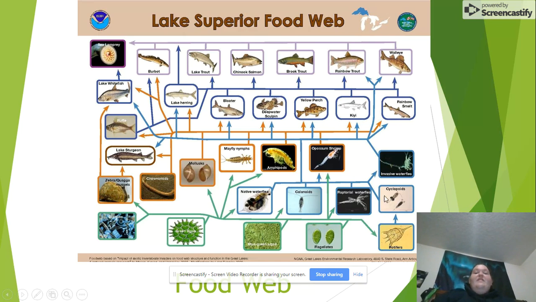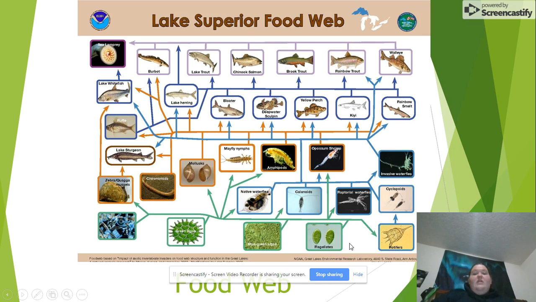And you can see here, this is a food web. Food webs are going to be made up of interlocking and interdependent food chains. So you can see all the different places where each of the different colors interconnect. You can see it starts down here at the bottom.